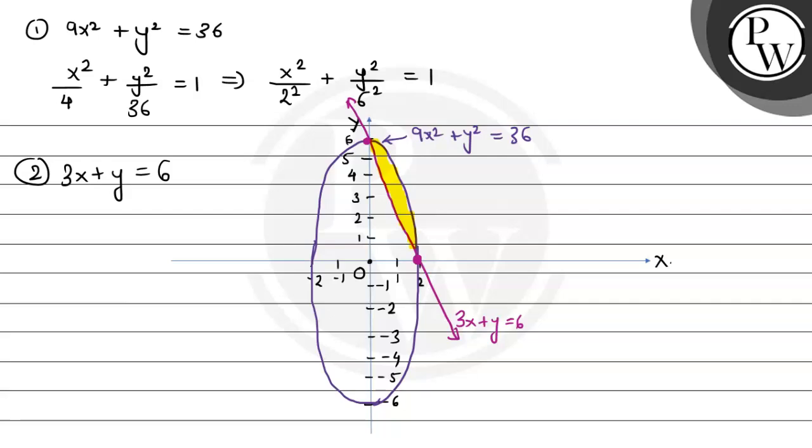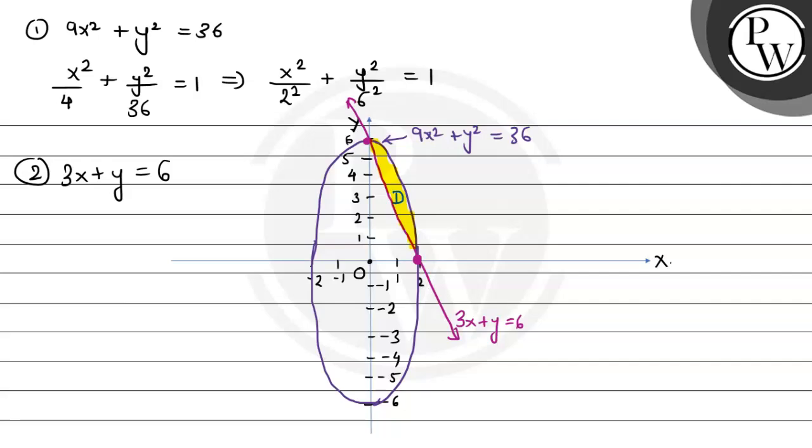और इस ग्राफ से हम clearly देख सकते हैं कि this region D is bounded by the curves 9x square plus y square equals 36 and 3x plus y equals 6, right? And so therefore let's now get the area of region D. Therefore area of region D will be equal to, and now to get the area of region D, we first have to get the equation of this portion of the ellipse.